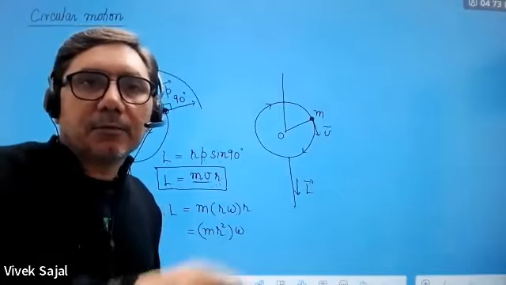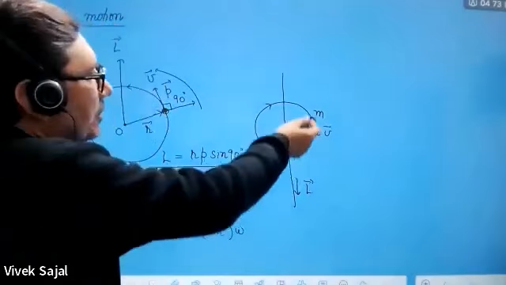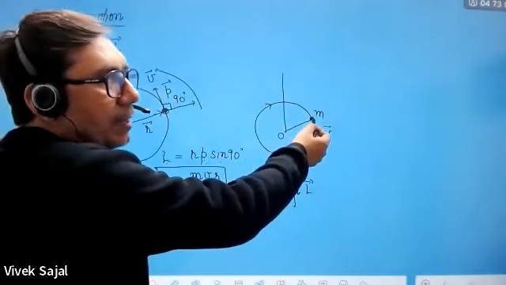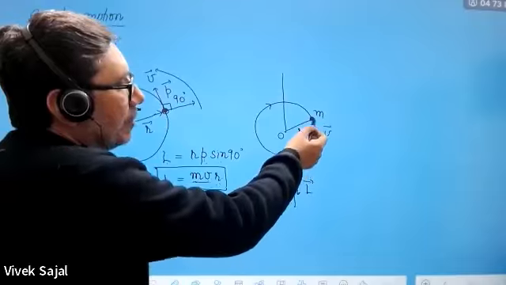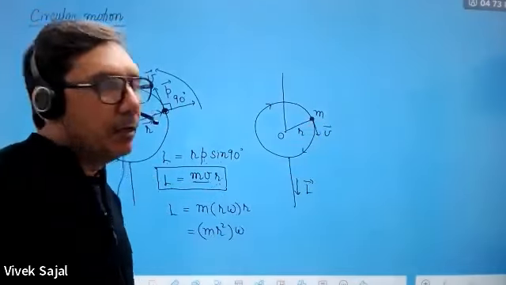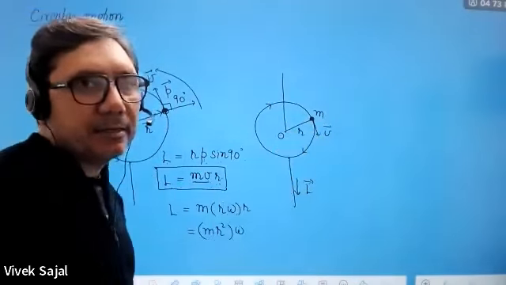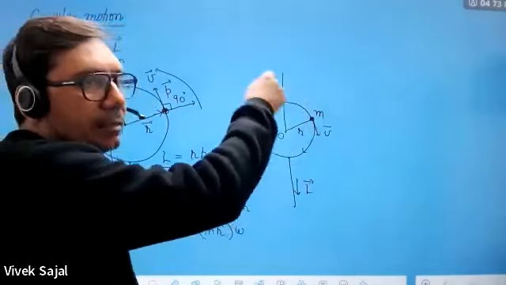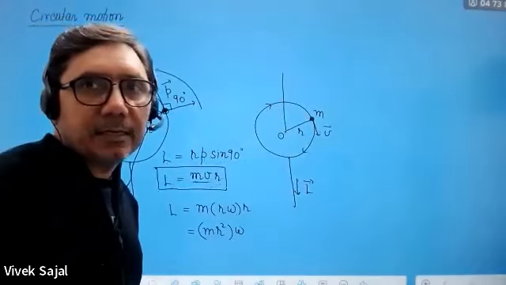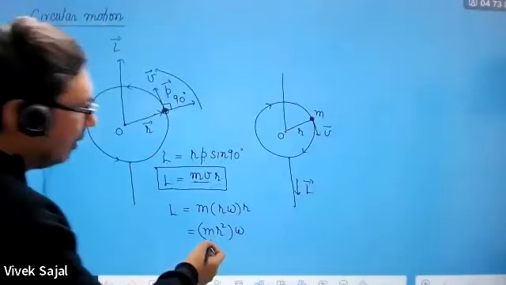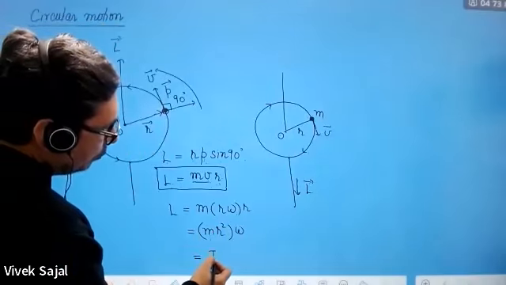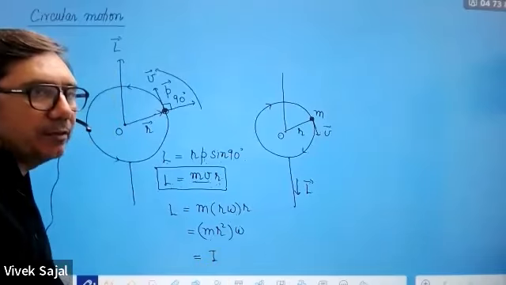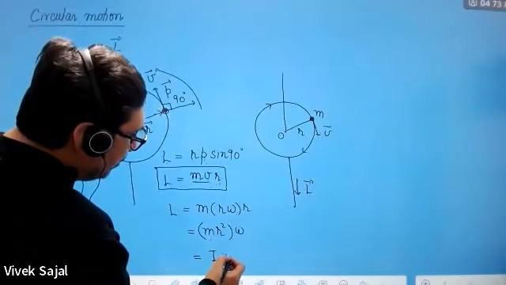On this circular path, this particle of mass m is rotating at a distance r. So what will be its moment of inertia? Moment of inertia of this particle when it is rotating around this axis of rotation at a distance r will be m r square. It is representing the moment of inertia, and this will be omega.